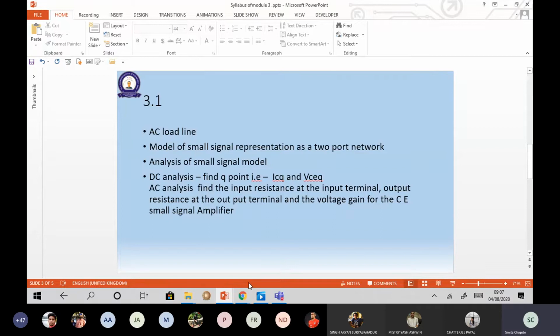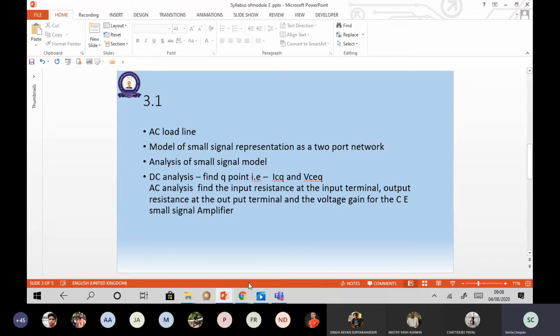Then DC analysis, wherein you have to find the Q point, which determines your quiescent or stable collector current and quiescent VCE, or collector to emitter voltage. And then problems based on this. You will have an AC analysis, wherein you have to find the input resistance at the input terminal, output resistance and voltage gain of a common emitter amplifier.